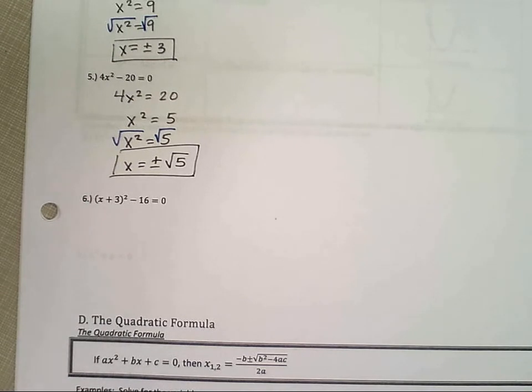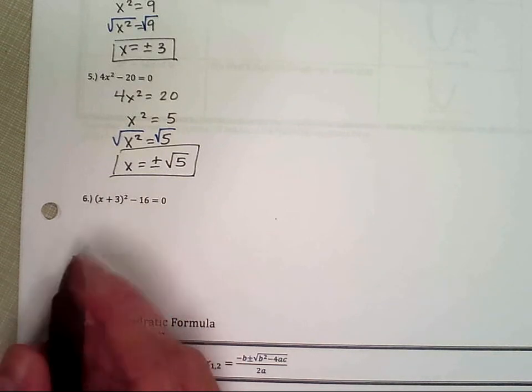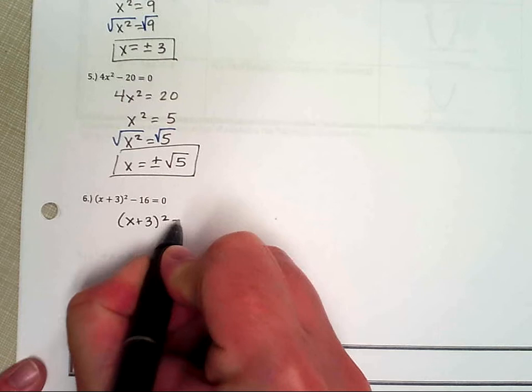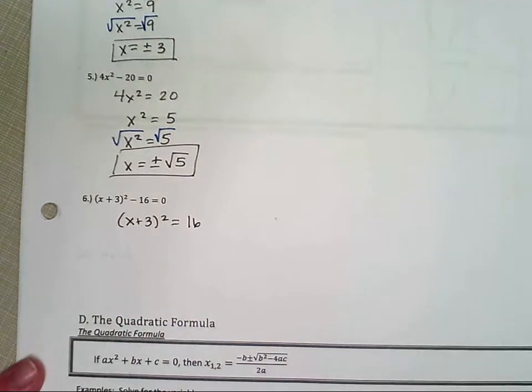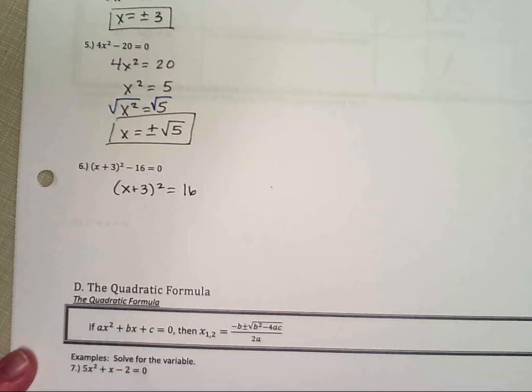All right, so number 6, I have x plus 3 squared minus 16 equals 0. I need to isolate my squared term. In order to do that, I can add 16 to both sides. Now I've isolated my squared term, right?